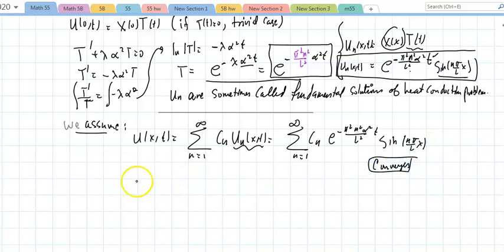And keep in mind, if I take u of x,0, that's the series n equals 1 to infinity c sub n.